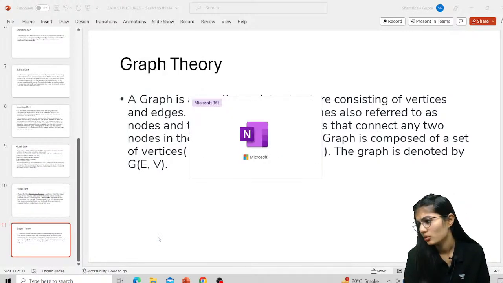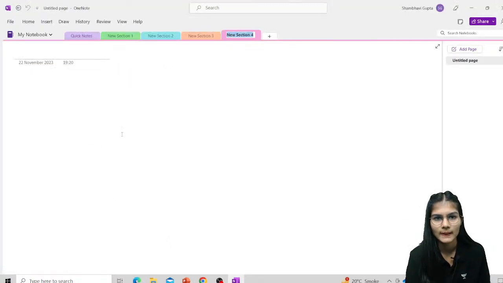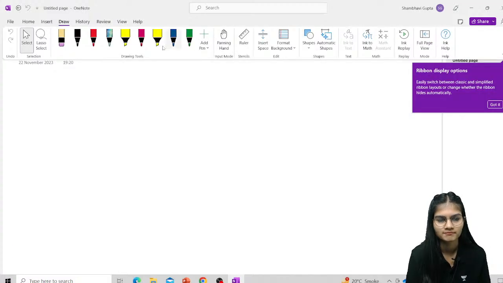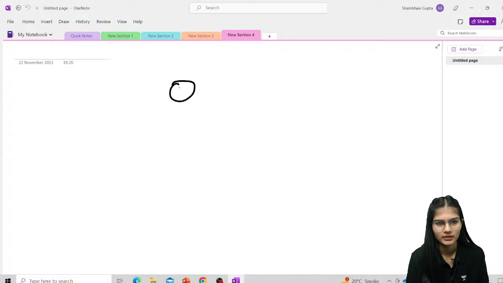I am opening up OneNote, and then I'll let you know about this. Fine. Let me have the pen. Let's go with black for now. Let's say I make a diagram here, and this is 1.